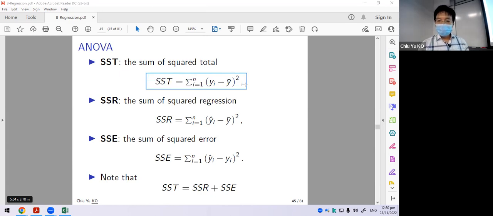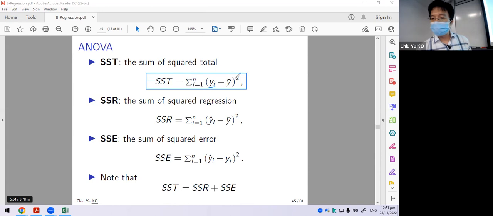We forget about the groupings. We forget X. What we want to explain is how each observation is different from Y bar. Why is it the thing we want to explain?